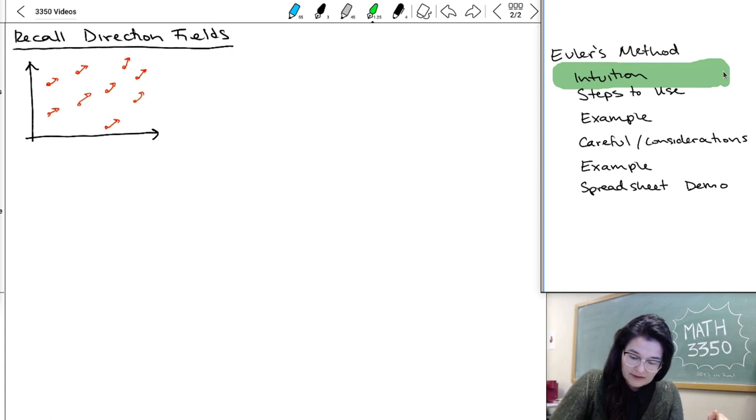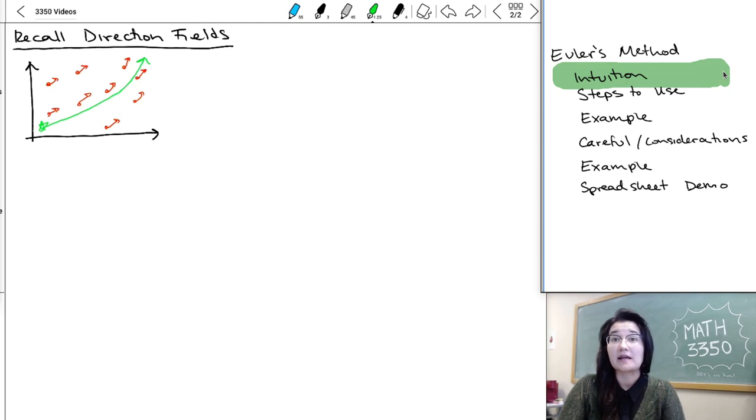And then for some initial condition, we learned to follow those arrows and get a solution. That's what we learned to do when we covered the direction field section.